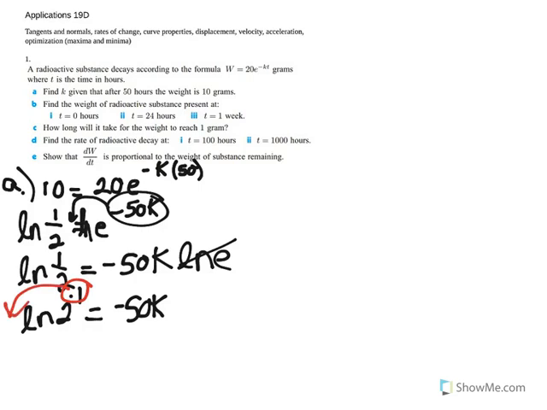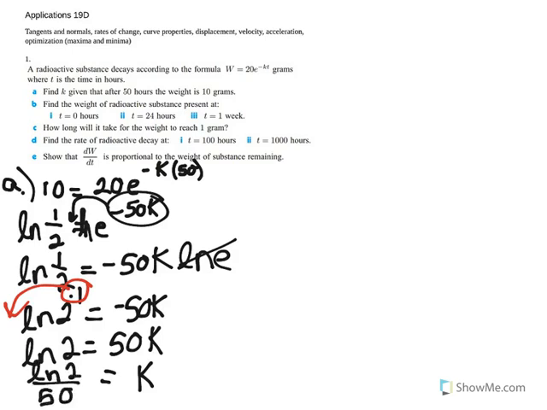Therefore, I can divide both sides by -1, and I get the natural log of 2 equals 50K. And the part that we're going to use later on is K, therefore, is the natural log of 2 over 50. So this is going to be a very important piece as we continue through the rest of the problems. So that's for part A.